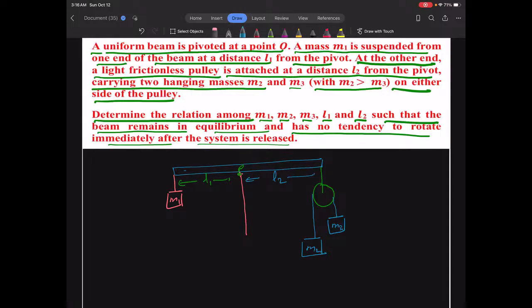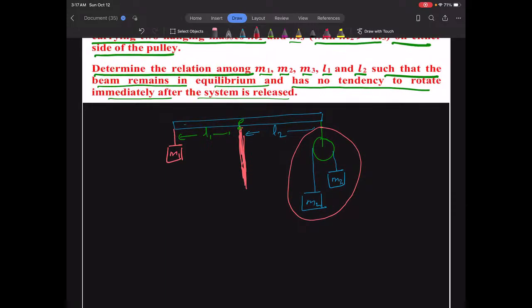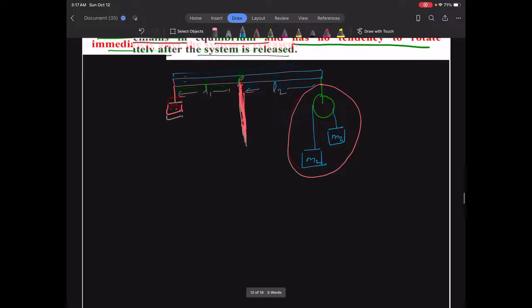So this is the basic figure of the question, and we have to find the relationship between m1, m2, L1, L2 and m3. First of all, let us try to solve this pulley structure. P is our pivot point.